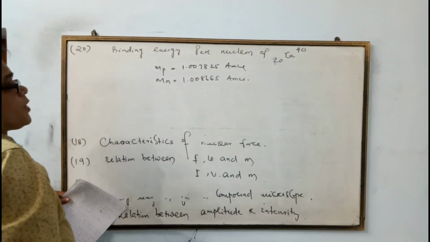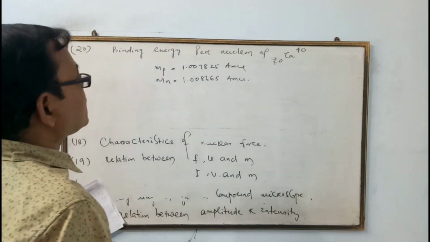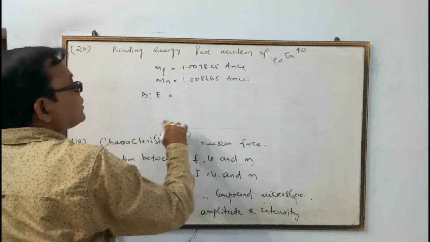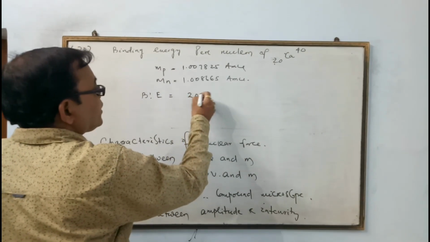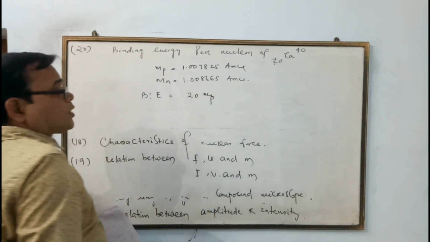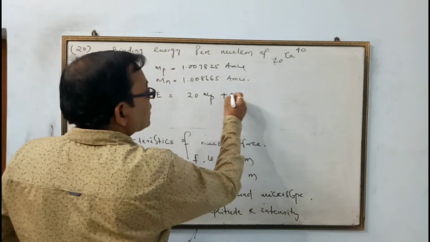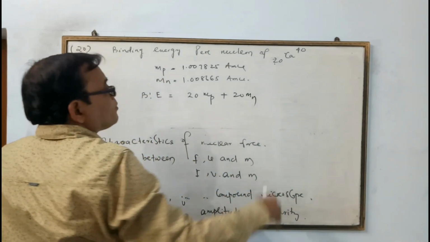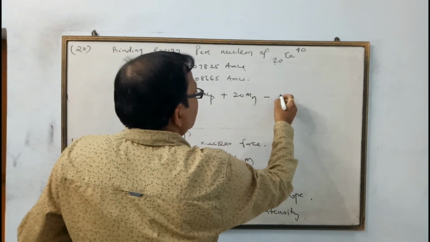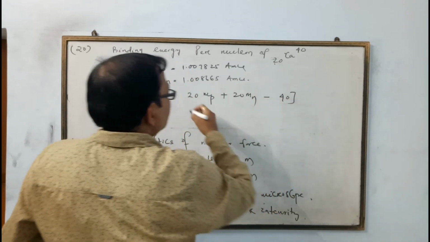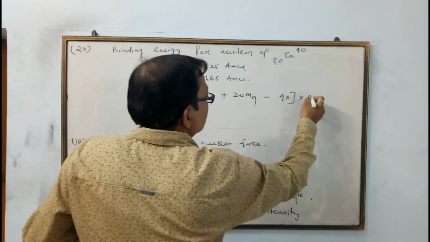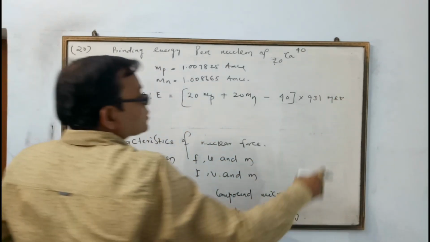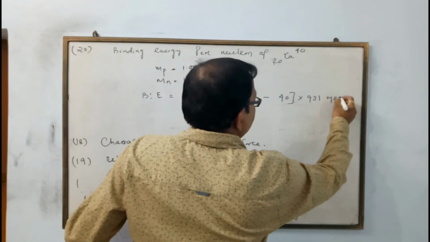The binding energy is equal to 20 into mass of proton, because there are 20 protons as well as 20 neutrons, 40 minus 20, plus 20 into mass of neutron, minus 40, into 931 mega electron volt. This is the binding energy.